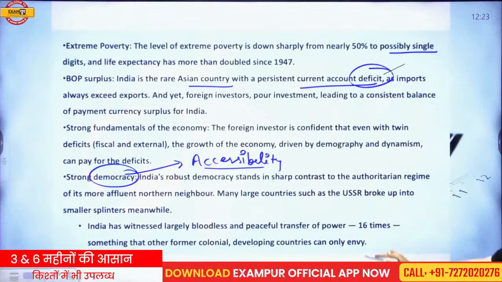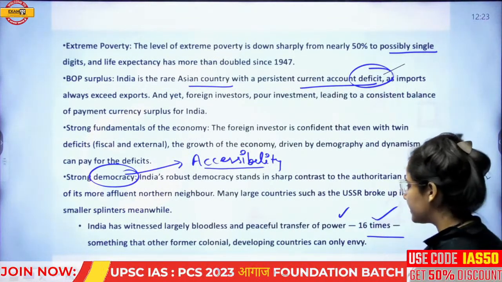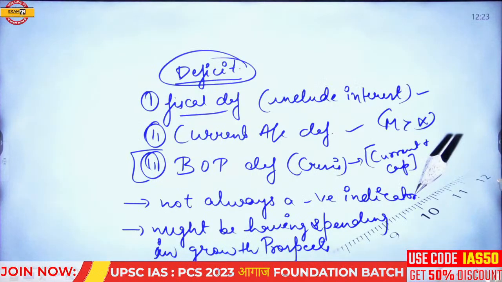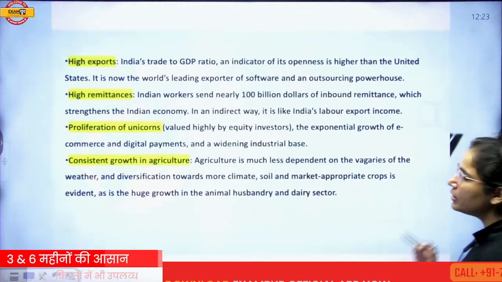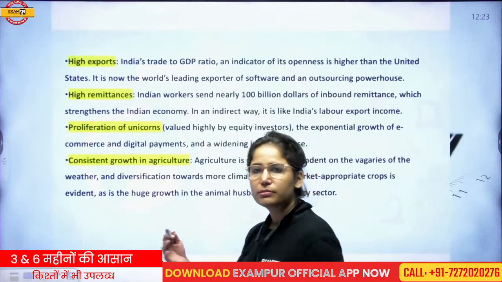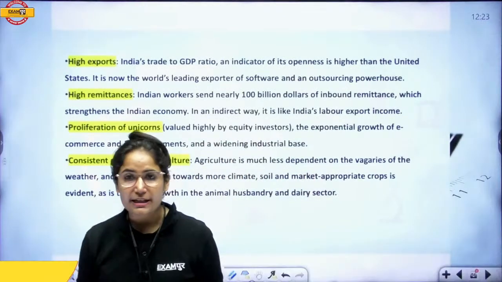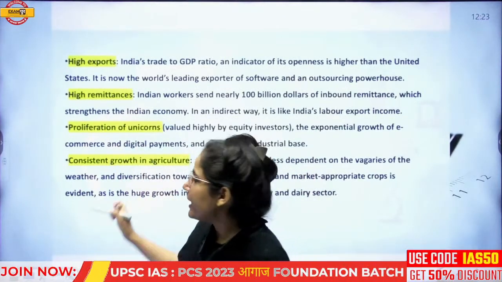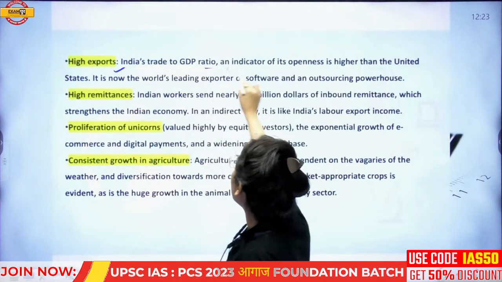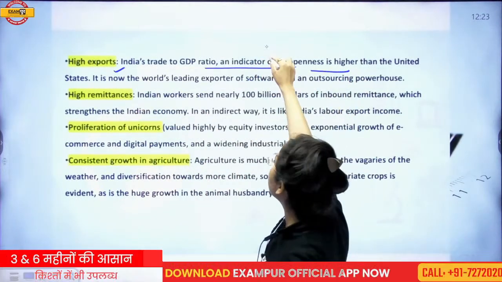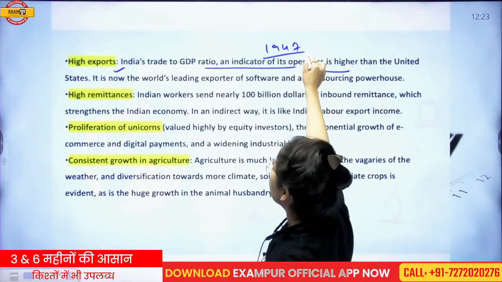And India has witnessed the bloodless, peaceful transfer of power 16 times. These are all political approaches. I am just going to discuss only the economic aspects. Higher exports, you can take it that you have performed so well if you are making a comparison with 1947. Getting my point?